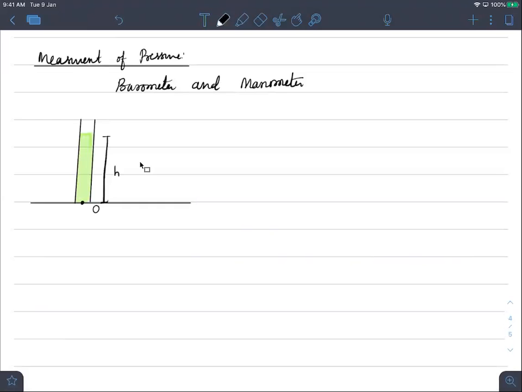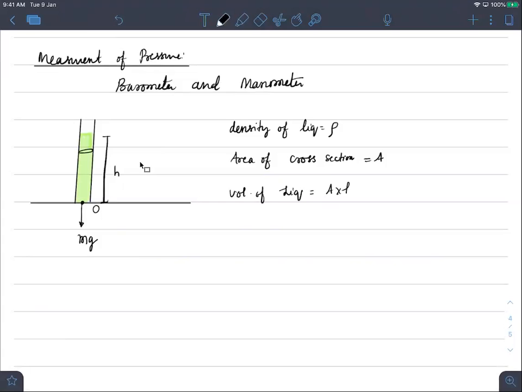I'll call this point O. At this point, can I say the total mass of the liquid multiplied by gravity is the force that acts on it? So if the density of the liquid is rho and the area of cross section of this cylindrical liquid column is A, then the volume of liquid present in it will be A into h, where h is the height.